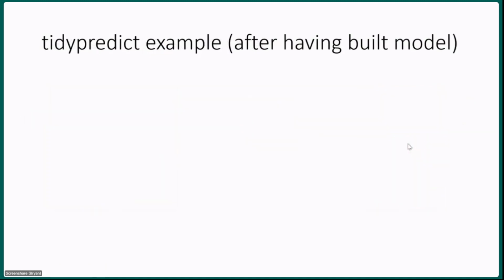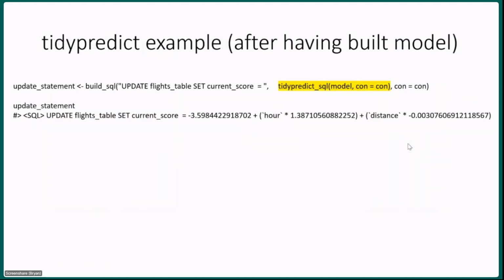After you've built the model, here's a quick example of what this ends up producing. You might set some table where you're scoring incoming cases. This is an example of a linear model, so here you have all of your coefficients. If this was using a more sophisticated model type like XGBoost, this SQL statement would be way, way, way longer.